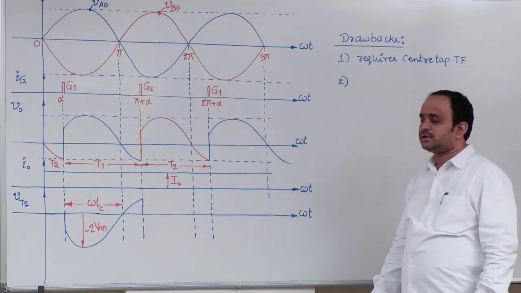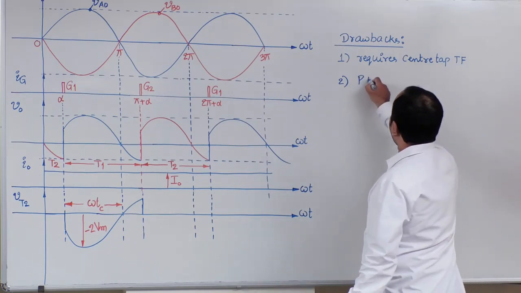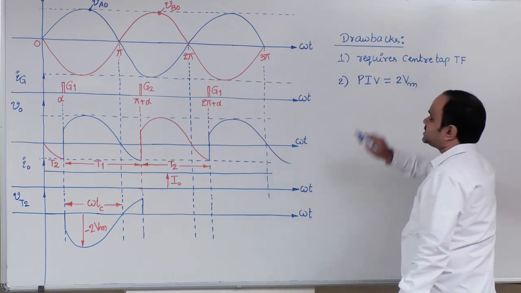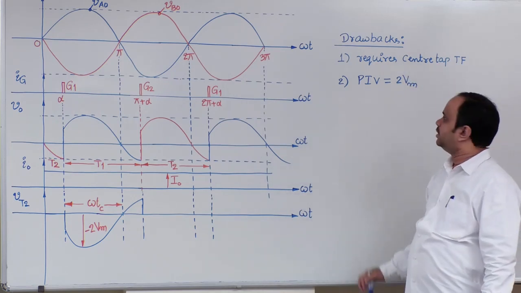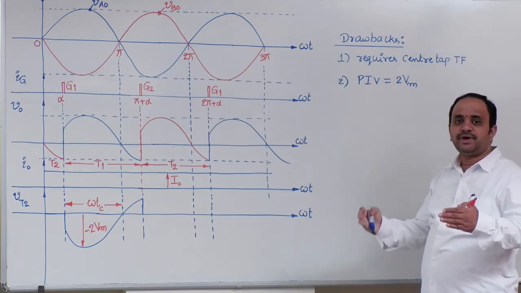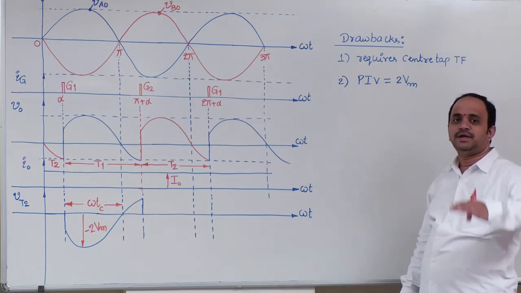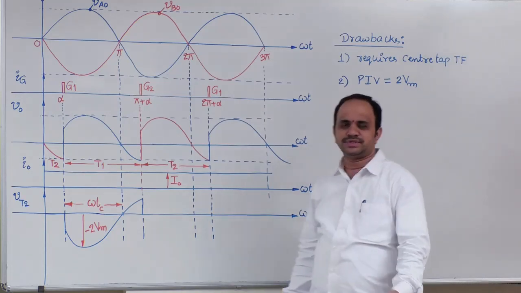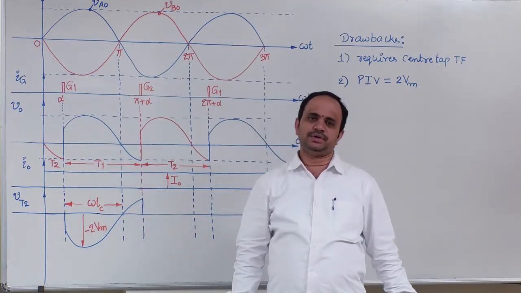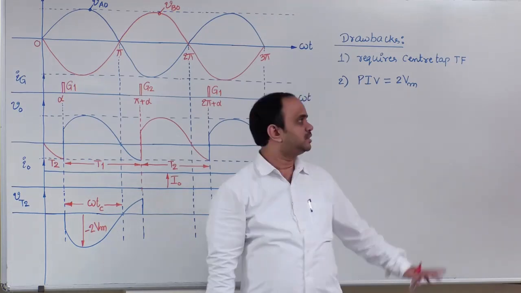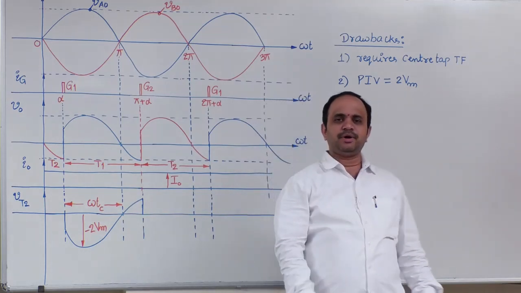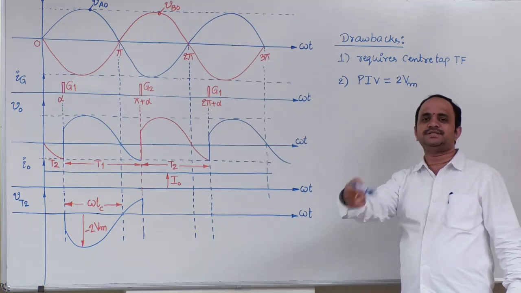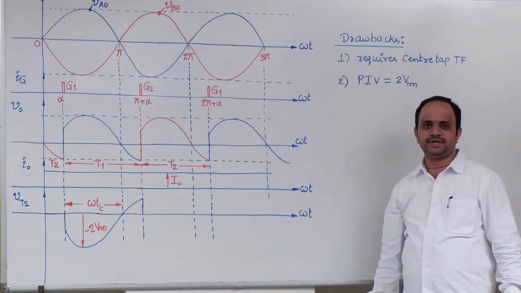The second drawback is PIV rating equal to twice the source voltage peak value. Because of this, the device voltage rating will be double the source voltage rating. Suppose the source voltage is 100 volt, you have to choose devices of 200 volt. These two limitations of the midpoint converter can be overcome in the next configuration, that is the bridge configuration.